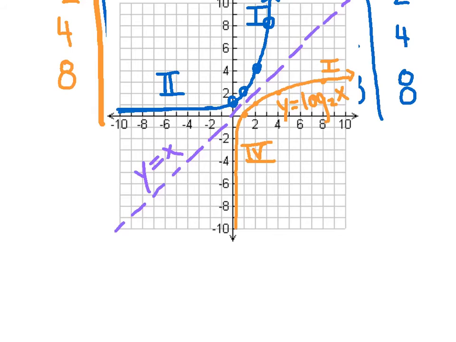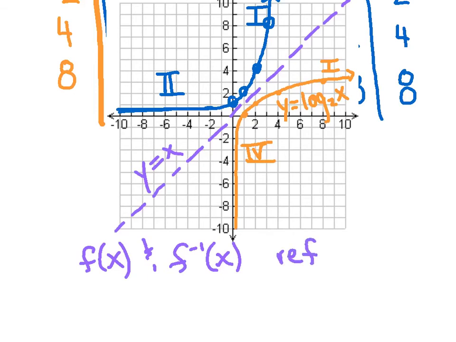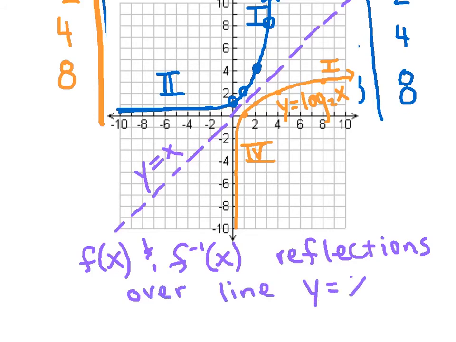Those graphs would lay perfectly on top of each other. So we say that this special graphical relationship is that f and f inverse are reflections of each other over the line y equals x. That's a very special relationship that's going to become important throughout the year.